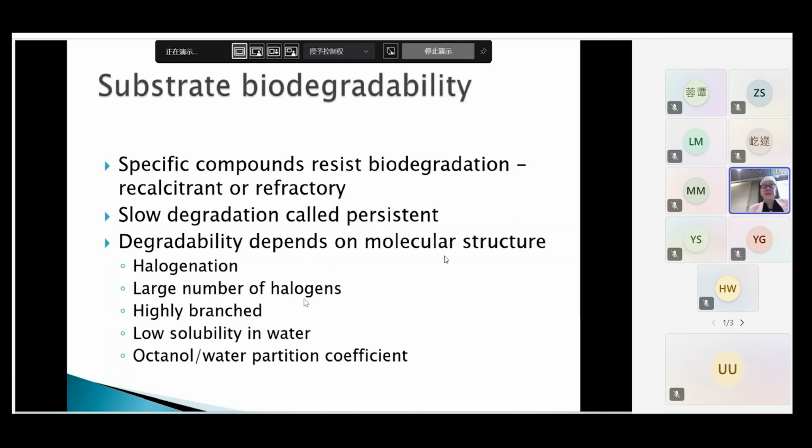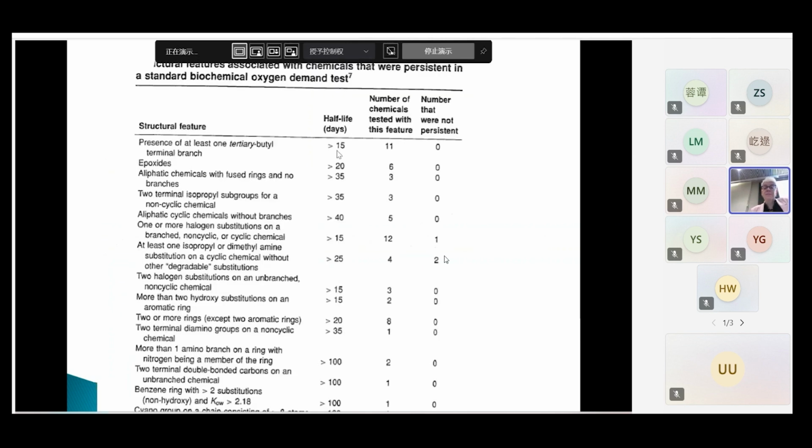So that's just an idea. It shows you, if it has a half-life of 15 days, it means that 50% of the product will degrade in 15 days. So these types of ones that are up here are more biodegradable than, say, for example, a benzene ring with 2 substitutions, so over 100 days.